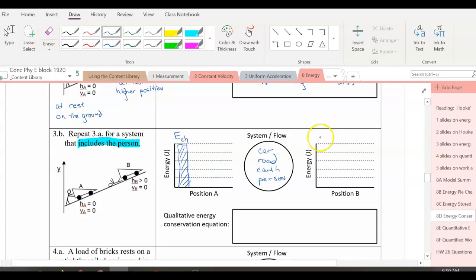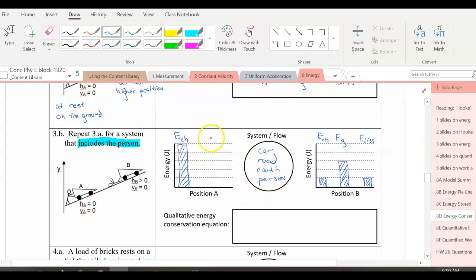And at the end, the person has much less chemical energy. The car is much higher, and there was some dissipated. And so I don't want to show maybe 0 chemical energy, but I'm just going to show a little. And mostly what we have is gravitational potential energy because the car is now up at the top of that hill.